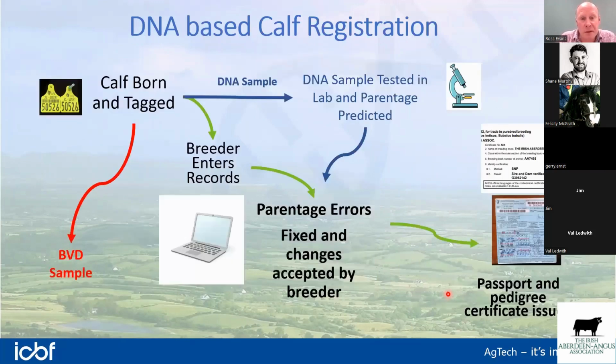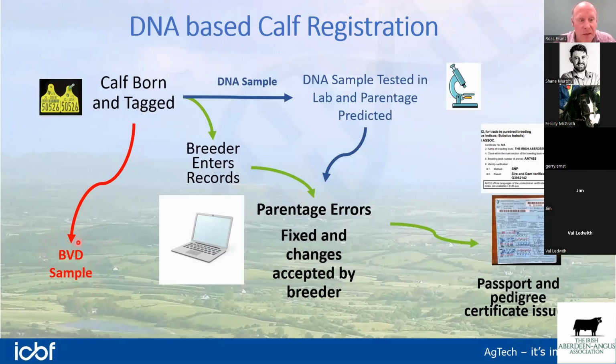So just to outline how this process has been piloted: when the calf is born, it tends to get tagged with what we call a dual tissue tag. There's one of these as part of a long-running national scheme to eradicate BVD from the national population.